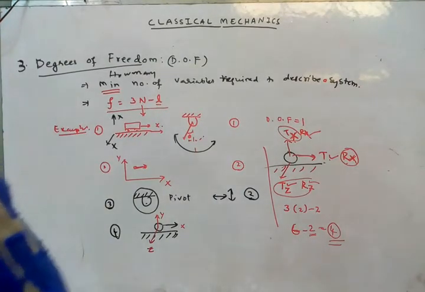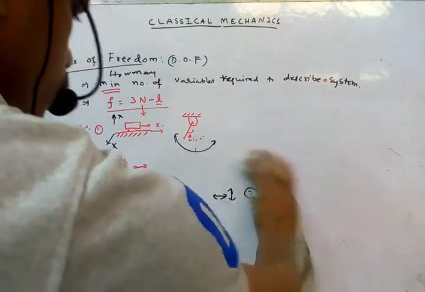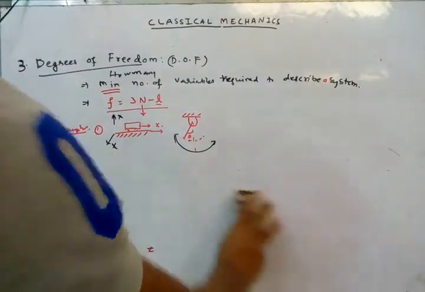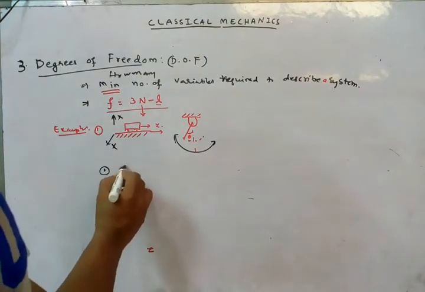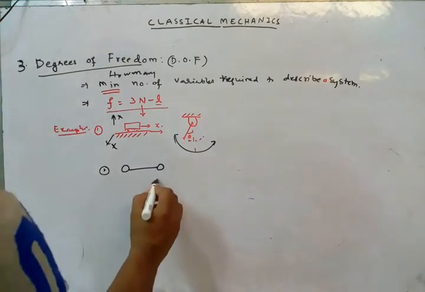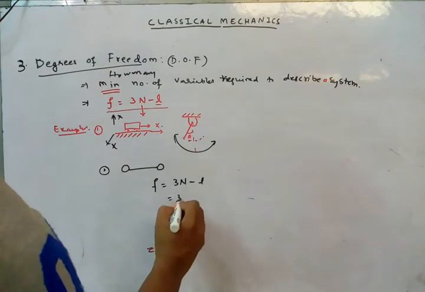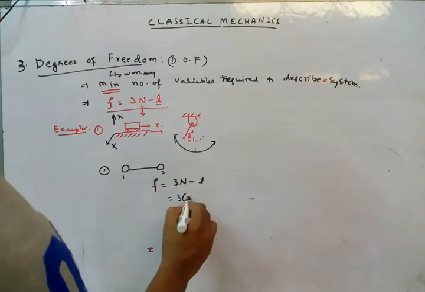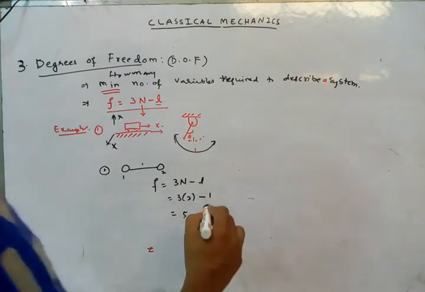So I am taking some more examples. If you take a two particle system, the degrees of freedom is 3n minus L. Here 3 times 2 minus the constraint, which is 1, so 5.